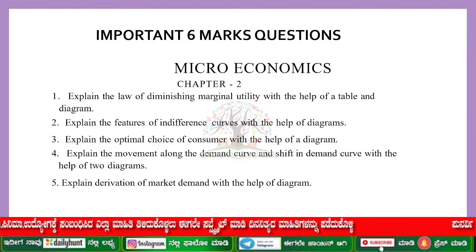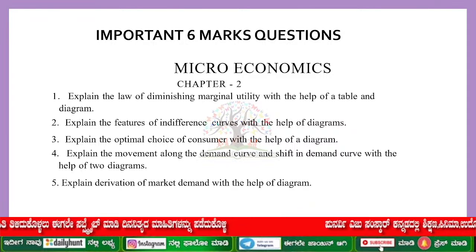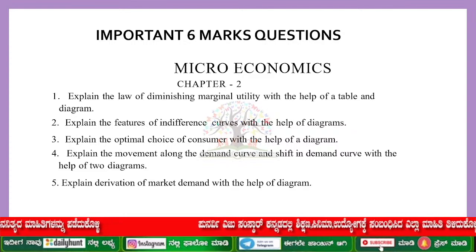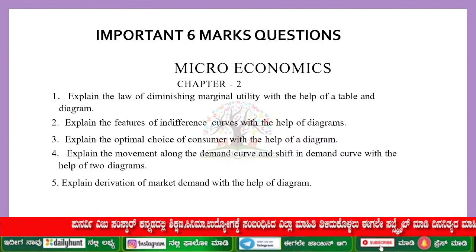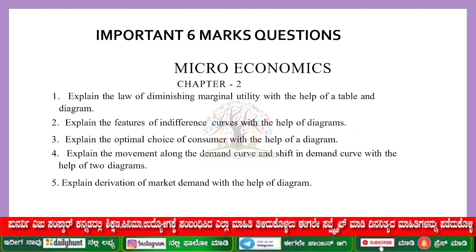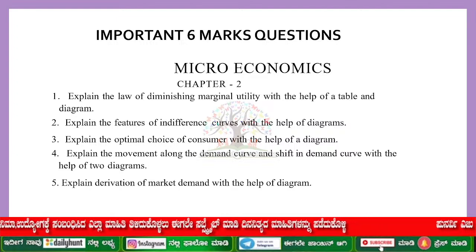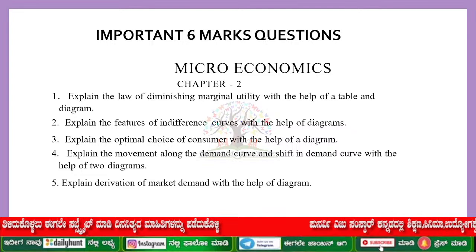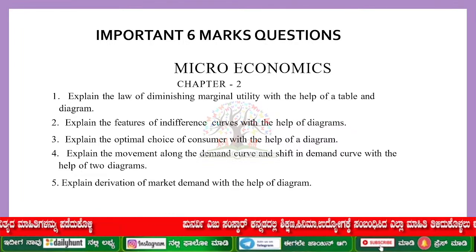If we consider microeconomics, from the second chapter they are going to ask one 6-mark question. From this chapter, there are 5 important questions which you need to prepare. Out of these 5 questions, 1 question you are going to answer in the exam. That means out of 7 questions, 1 question will be from this chapter.